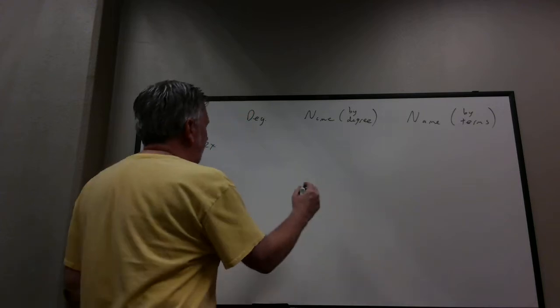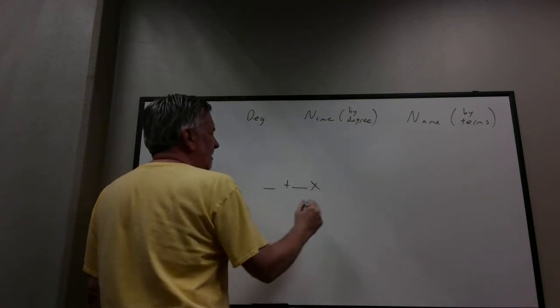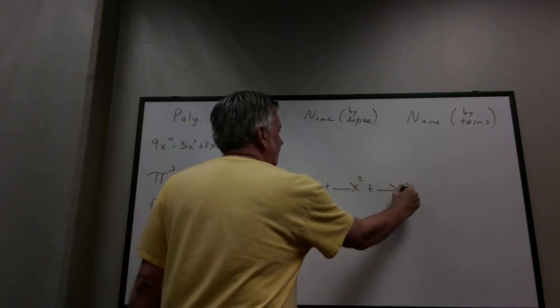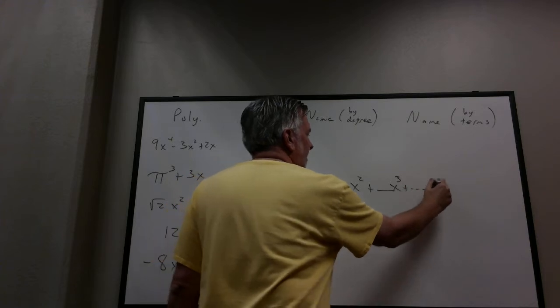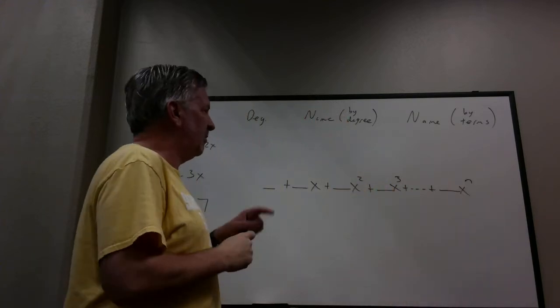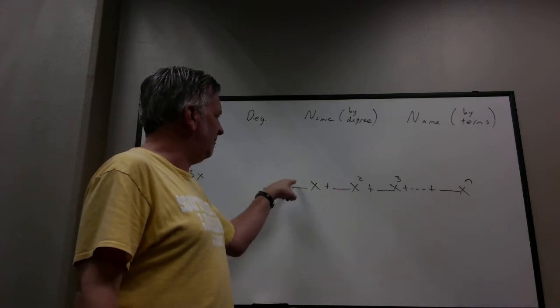So basically a polynomial is a real number, plus a real number times x for the first, plus a real number times x squared, plus a real number times x cubed, and you go until eventually a real number times x to some power. Right? You have to stop somewhere. You don't go on forever. So you put a real number here, they can be positive or negative.